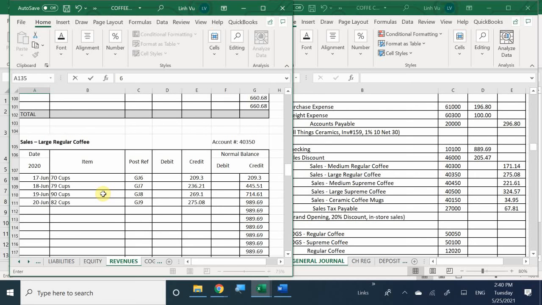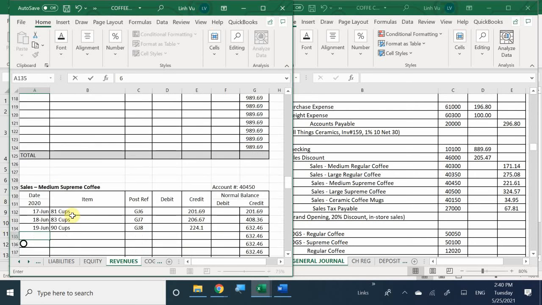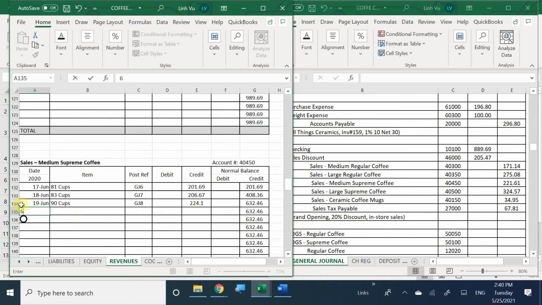Okay, so hold on, let me see. Where did we leave off on the medium supreme coffee? Okay, yes. 620, 89 cups. General Journal number 9, for $221.61. Total comes out to $854.07. Okay.